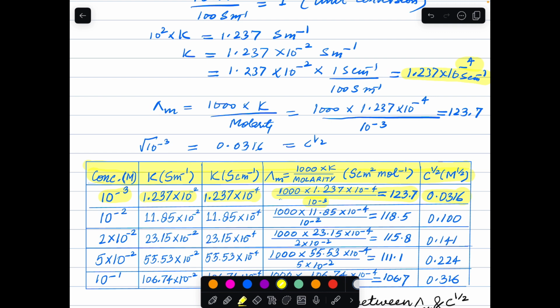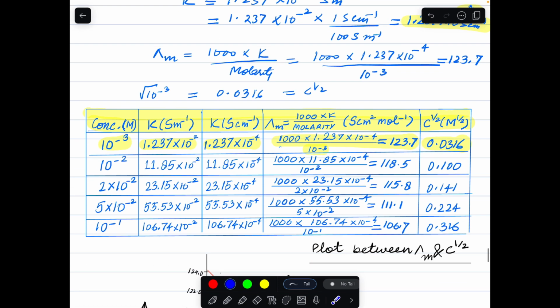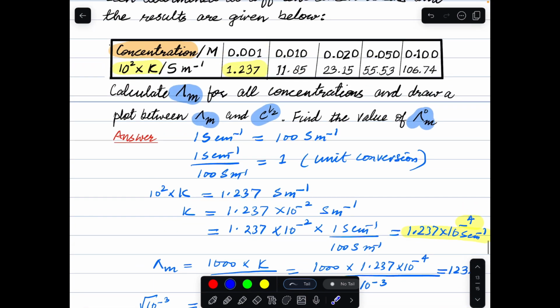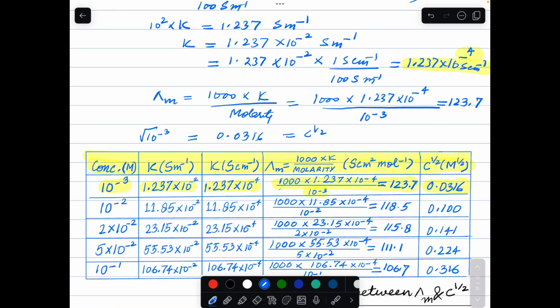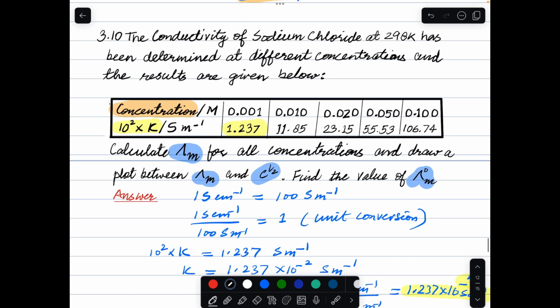In the same manner, the way we calculated all values for the first observation in this table, we will calculate the values for the second, third, fourth and fifth observations. To avoid confusion, I am numbering them.